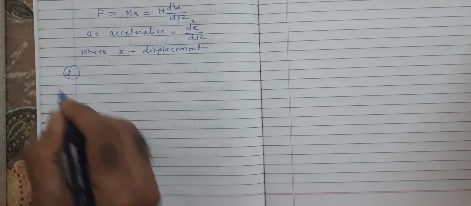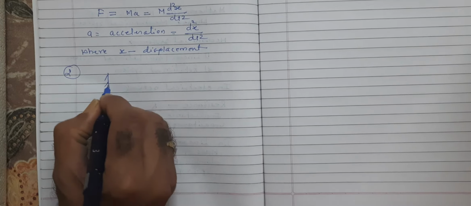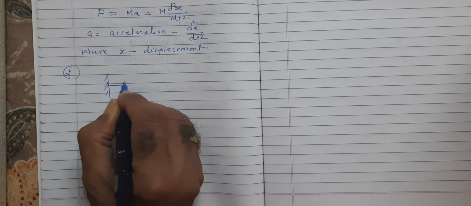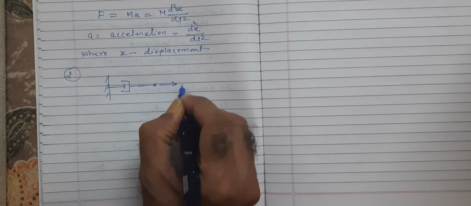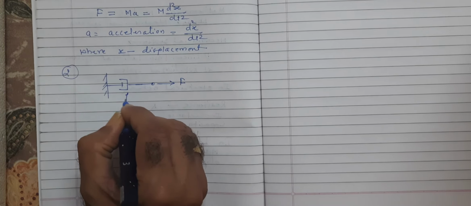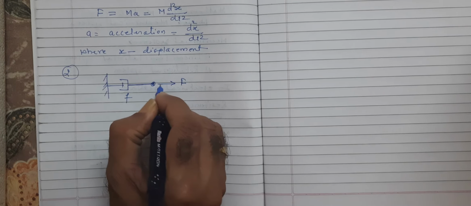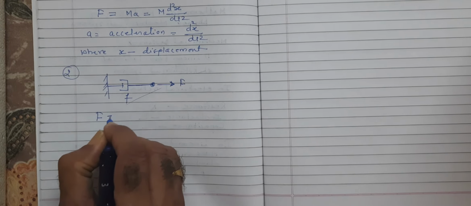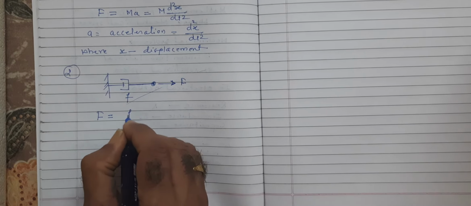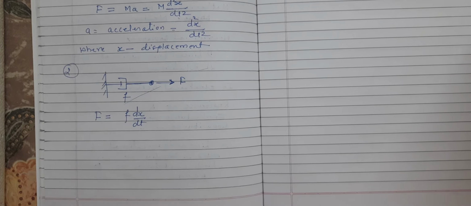Second, if we have a damper f, and we apply the force F to this damper, then the force applied on the damper is F equals f into dx by dt.